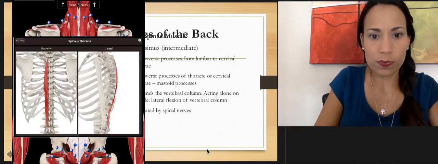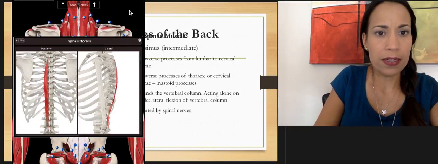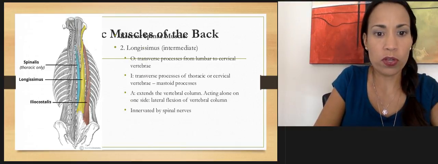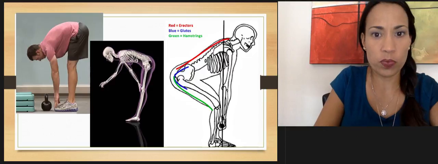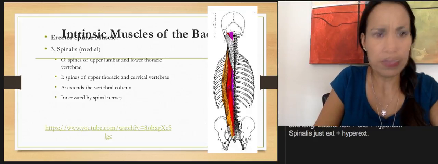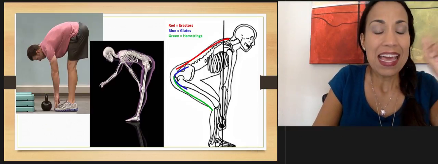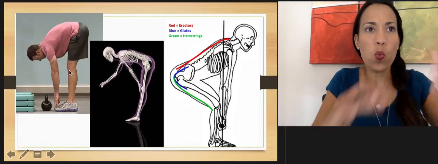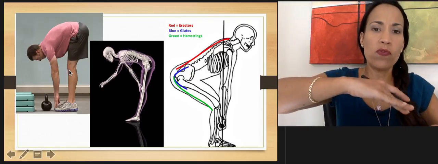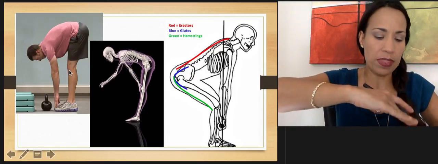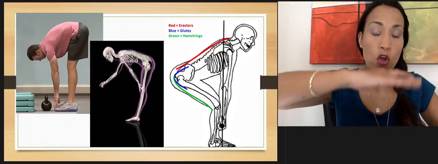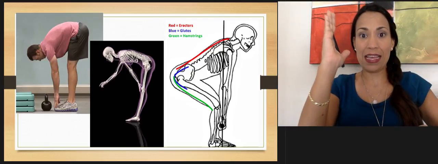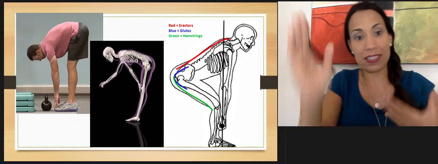These muscles are, as we can see in here, the prime movers of extension of the vertebral column. And they act when you're going to move your trunk from a flexed position to an extended or hyperextended position.